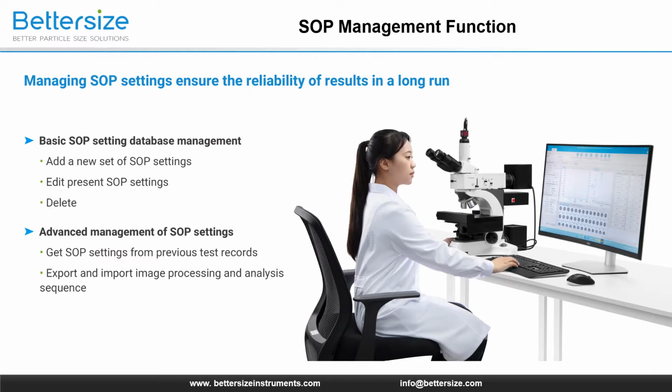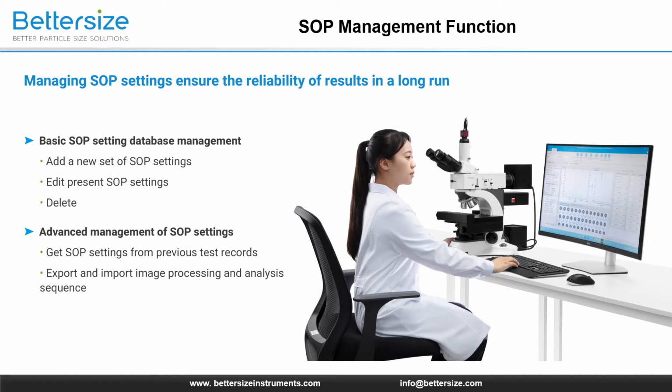It is possible to create new SOP settings, edit present SOP settings, and delete. When starting a new test, you can select a set of SOP settings from the database. With the database, you can save a set of SOP settings for every kind of sample, and we recommend doing so.